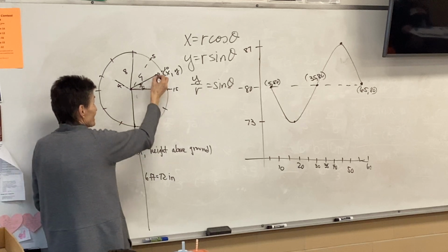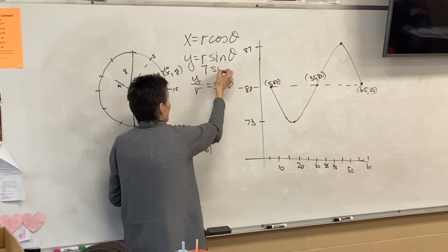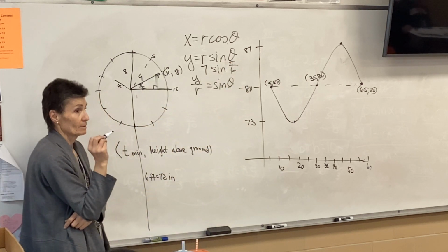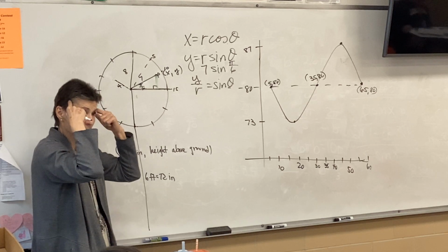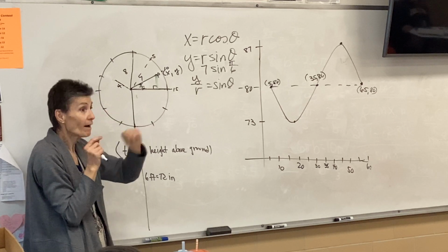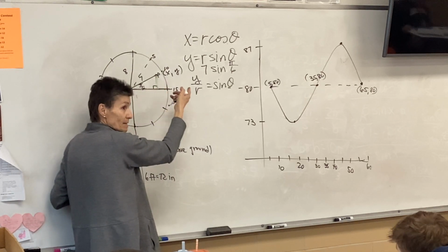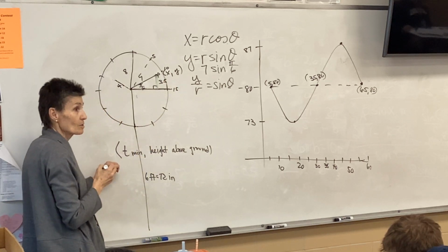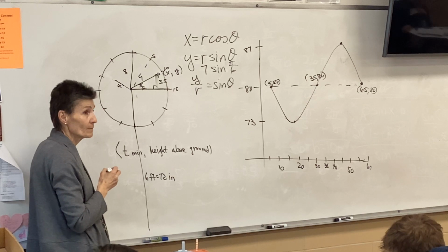So what's this side? Well, it's 7 times the sine of pi over 6. What's the sine of pi over 6? 1/2. So what's the green thing? 7 times a half? 3.5. So how high is it above the ground? 83.5 inches.